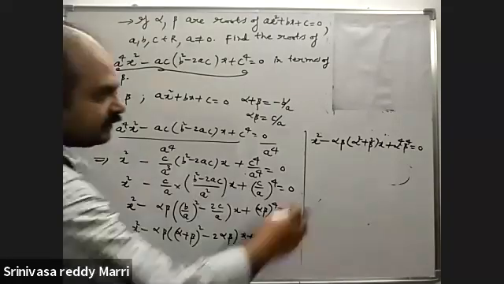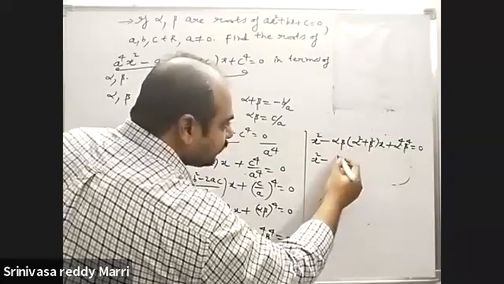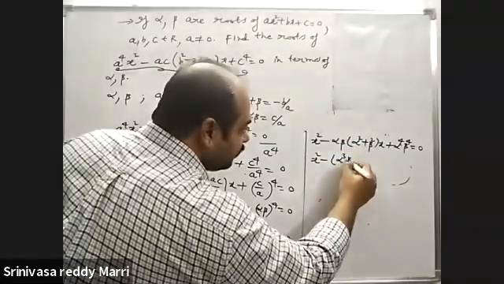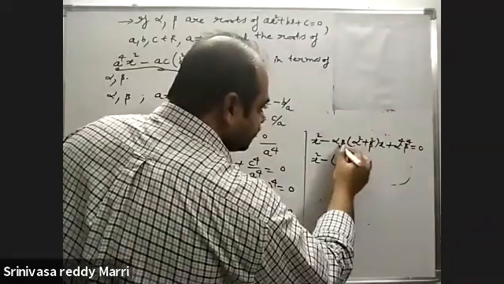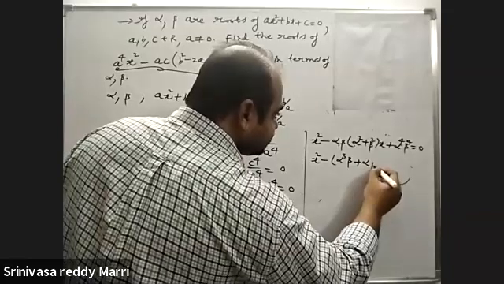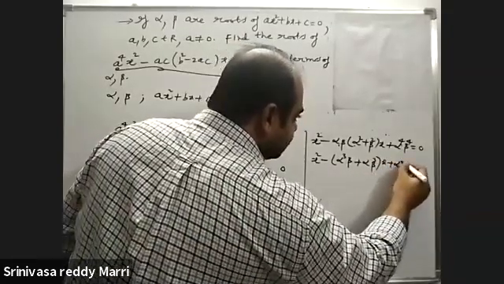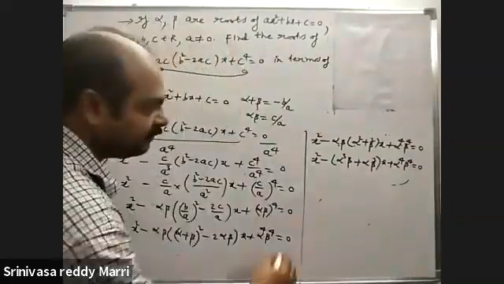Now look at, I want to factorize this one. X square, multiplying inside alpha cube beta. Look at this into this, alpha cube beta plus alpha beta into beta square, alpha beta cube x plus alpha to the power 4 beta to the power 4 equal to 0.